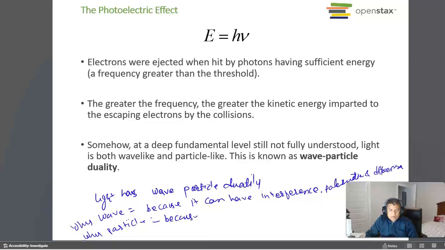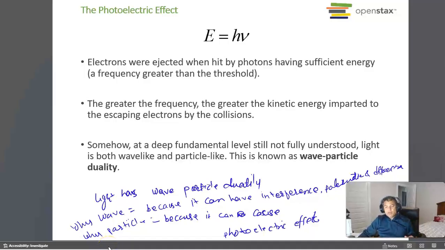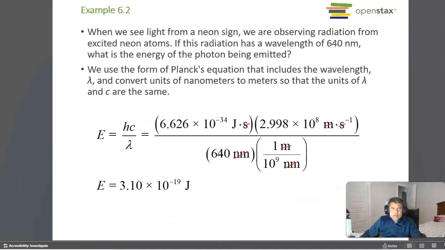Because it can cause the photoelectric effect. Light can show the photoelectric effect, that's why it is a particle. It can have all the properties of a wave, that's why it is a wave. So light has both the properties of particles and the properties of waves. That's why light has wave-particle duality. Okay, so now let's take one example.